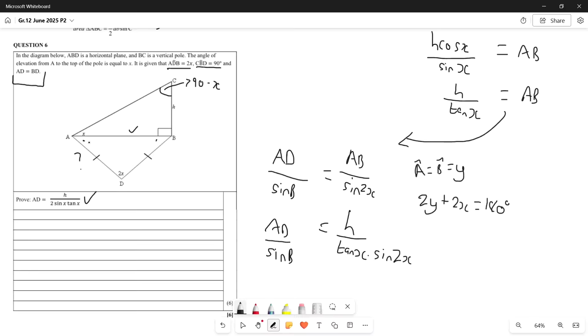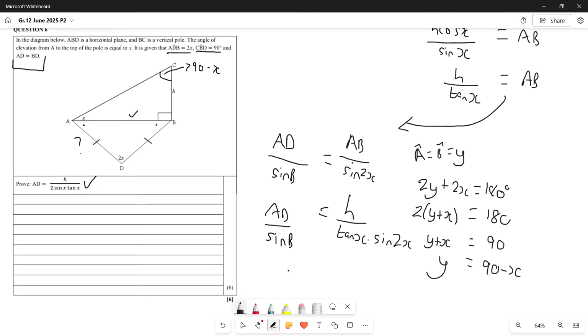Because this was 2x, we're going to call that y and this y, and all of them add up together to give us 180 degrees, which means at this stage, what we can do to get this y, this angle of B by itself in terms of x, is we can take a 2 out, which means we have y plus x over there, and then 180 over here. Divide this by 2. 180 divided by 2 is 90, and we're left with y plus x. And then once again, to isolate for y, we take the x over, and we have 90 minus x over there, which means B's angle and A's angle are both 90 minus x.